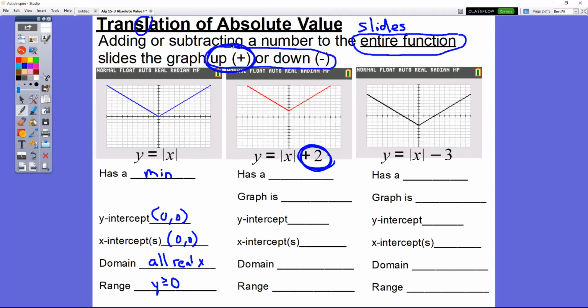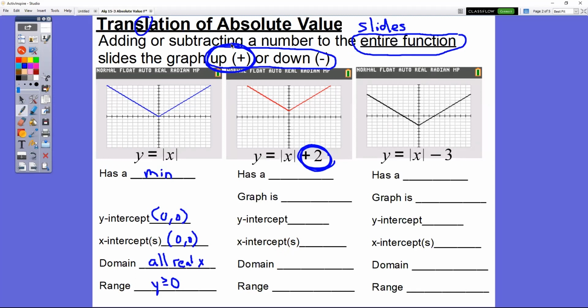Look at what happened to our graph from the first one to the second one. All that happened to our v for our absolute value is that it moved up. We added 2, so the min, the point of the v, went up by 2. Anytime that we add something to the entire function, the graph is going to slide up.